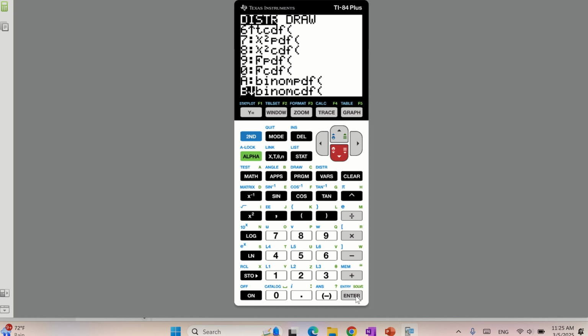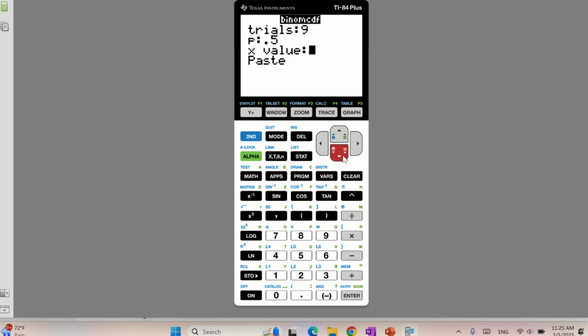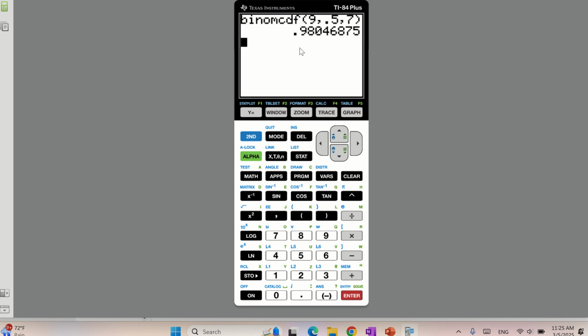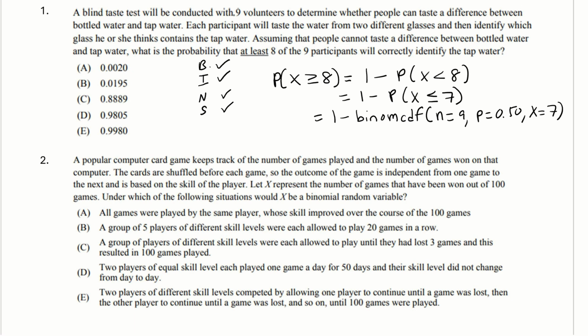You put in 9 trials, 0.5, and an x value of 7. That's my probability, and then we do 1 minus that, of course. We have 0.0195, and so the answer is B.